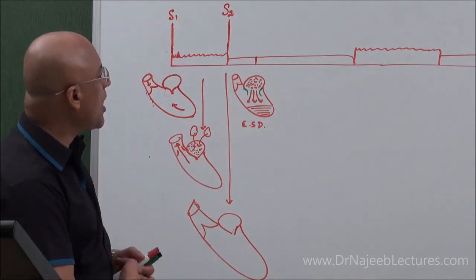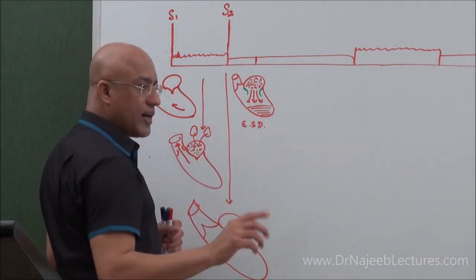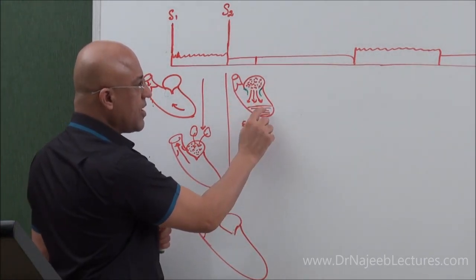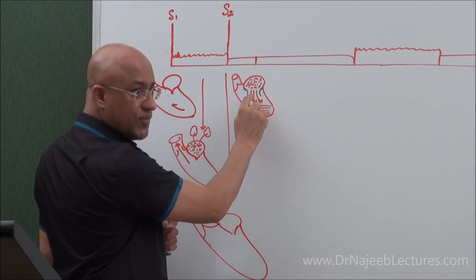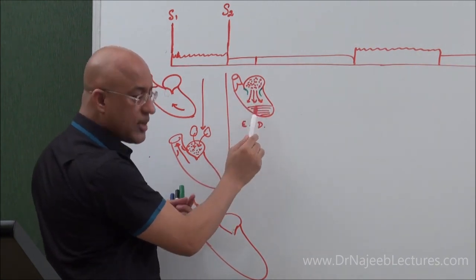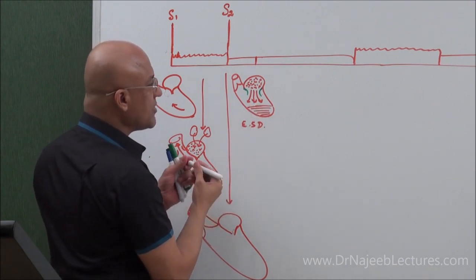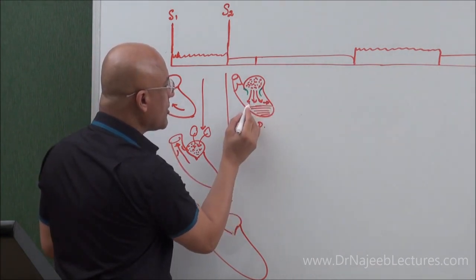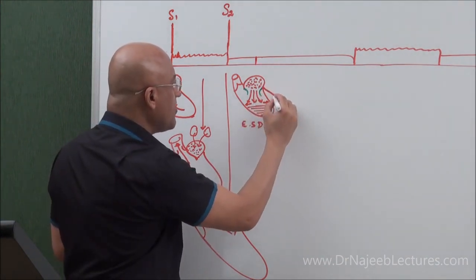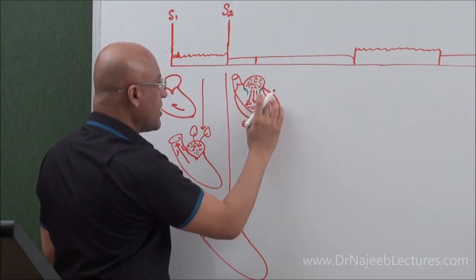Now, in younger adults, when blood is coming into the ventricle, what happens? Ventricular volume is increasing. When ventricular volume is increasing, the pressure on the walls of the ventricle is increasing, so the ventricle goes under some distension.